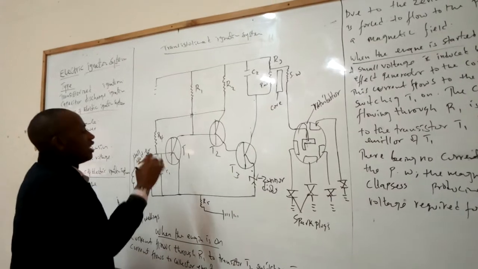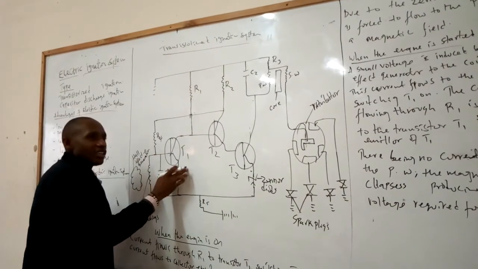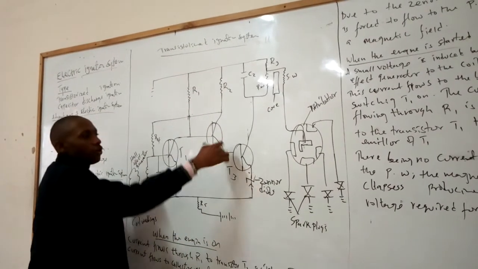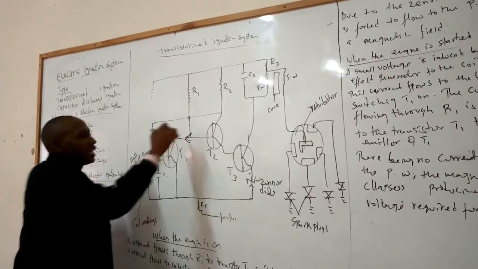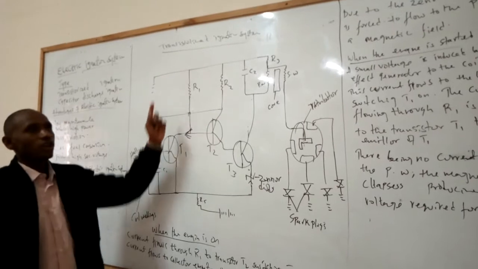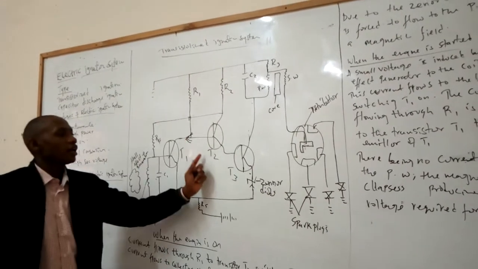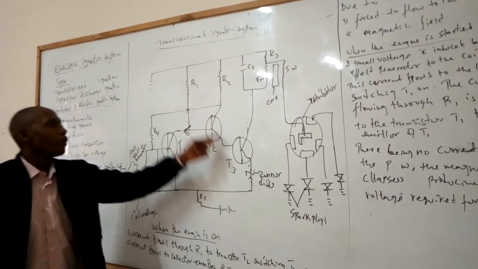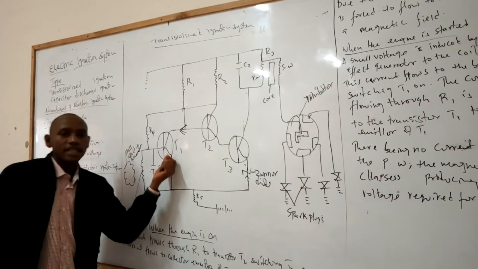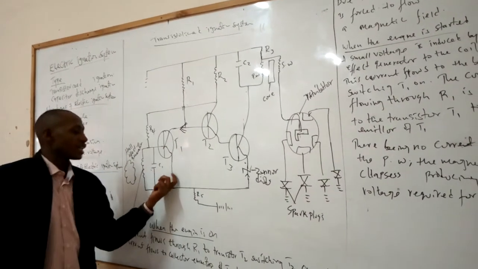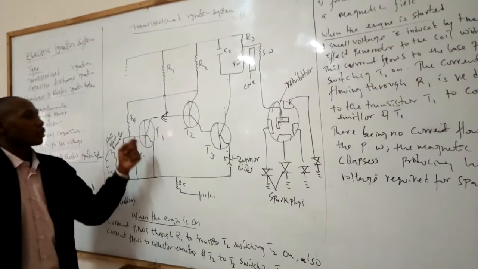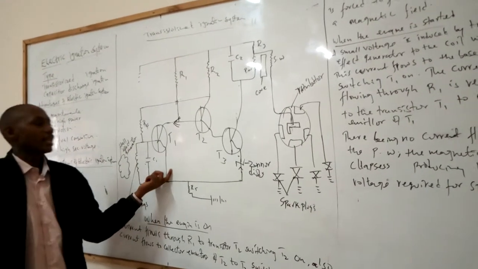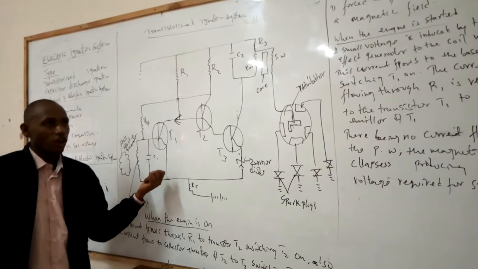Because T1 is on, the current which was flowing through R1, T2 and T3 will be redirected to the collector emitter of the transistor T1.